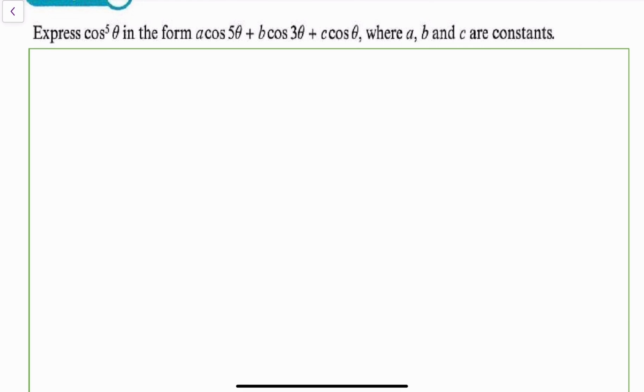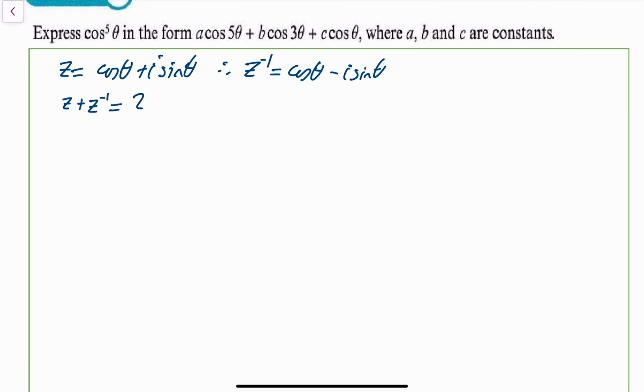So the first thing I'm going to do, again starting from scratch, is say z is equal to cos theta plus i sine theta. And that tells you, therefore, that z to the minus 1 is also equal to cos theta minus i sine theta. Also, that means if I did z plus z to the minus 1, I'm going to get 2 cos theta.